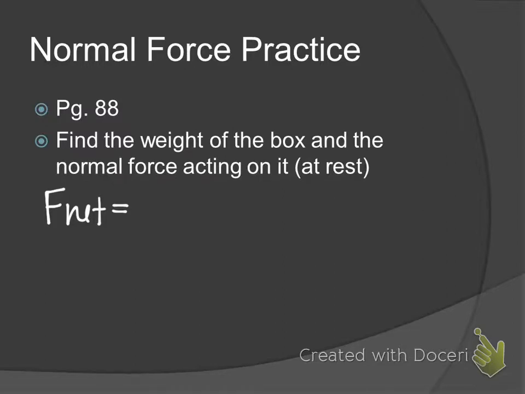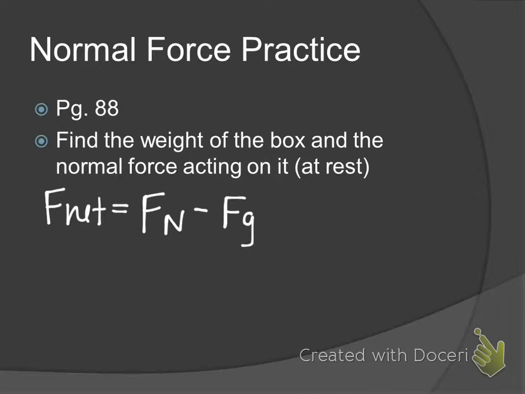Which of those forces is acting in the upward direction? The normal or the gravitational force? The normal. So we take F sub N, that's what we label the normal force, and we subtract out the forces acting in the downward direction, which is what force?